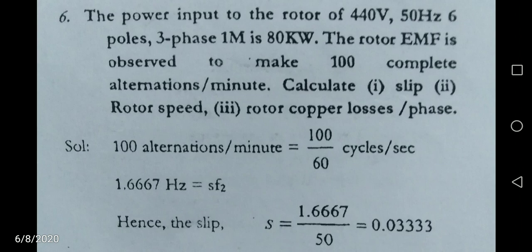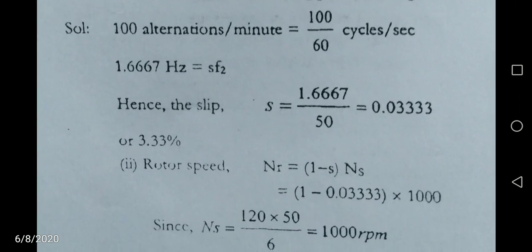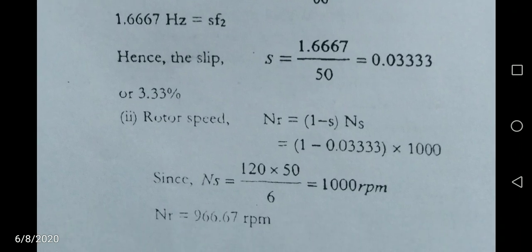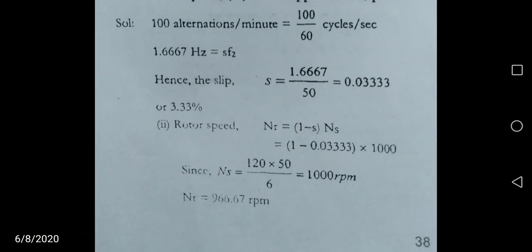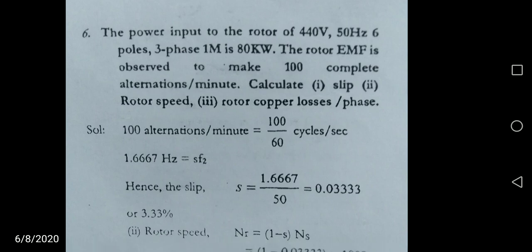So this value is 970 rpm. The rotor speed is 970 rpm, nearly 966 rpm, but 970 rpm.